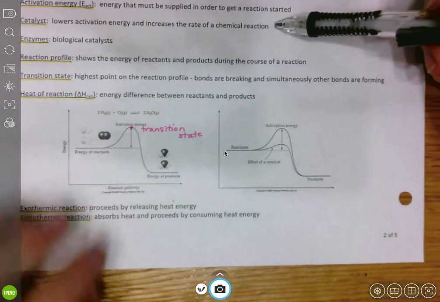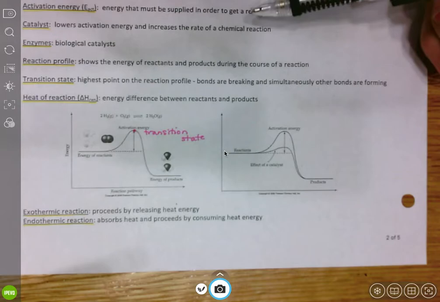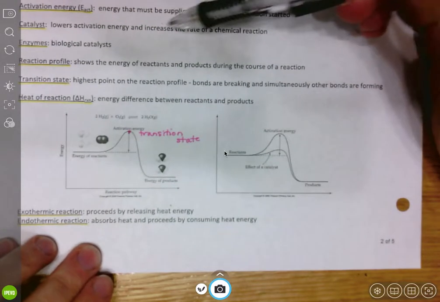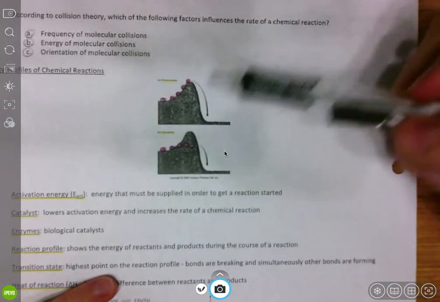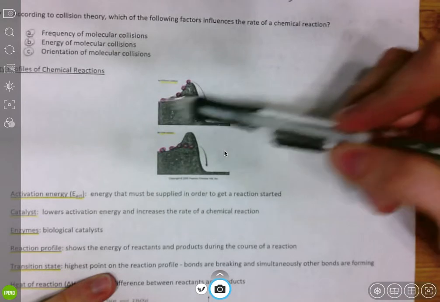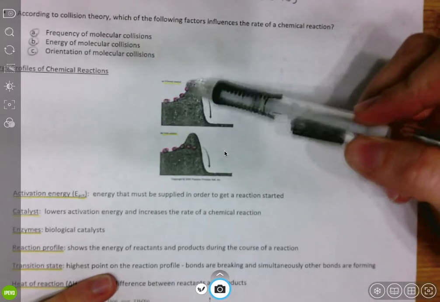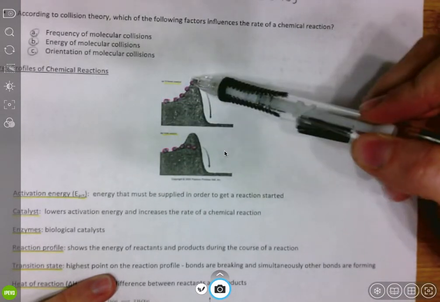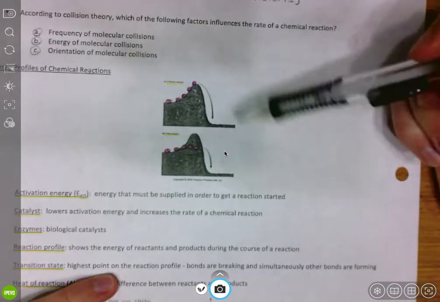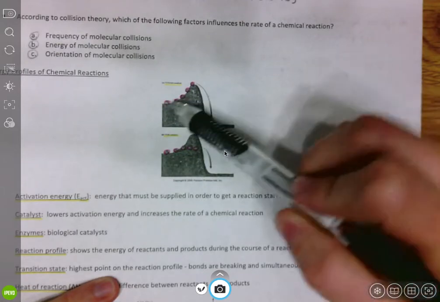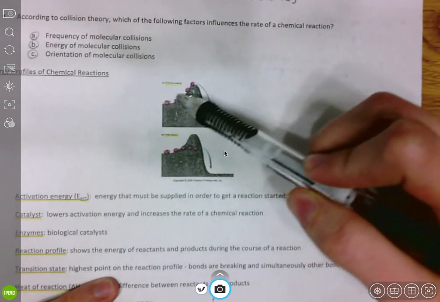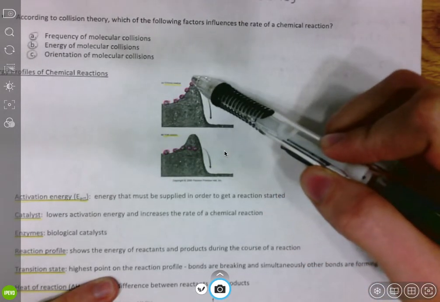Next definition, catalyst. A catalyst lowers the activation energy and increases the rate of a chemical reaction. That's what this drawing up here shows. I highlighted the parts of the reaction energy diagram in pink. Without a catalyst, we need a certain amount of energy to get to that threshold.